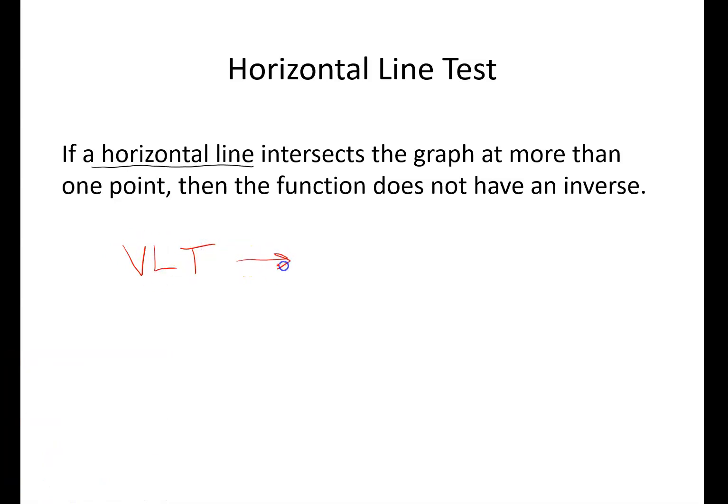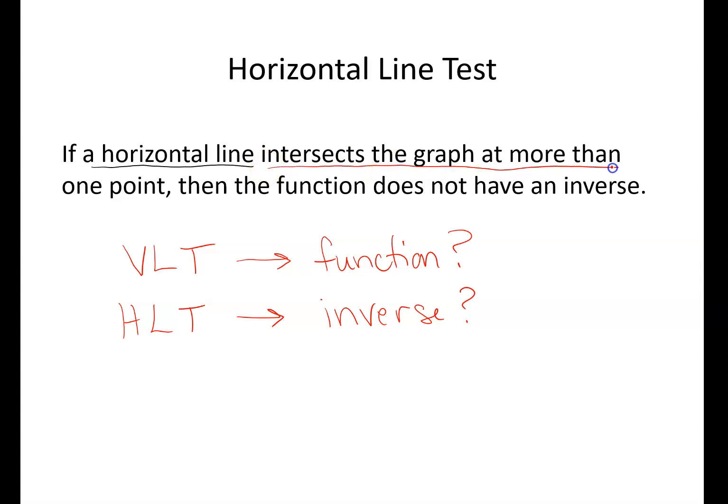That test was used to determine if the graph was a function. Is the graph a function? Now we're learning the horizontal line test, and it is used to determine if the graph has an inverse. But in both cases, if it intersects more than once, the answer is no.